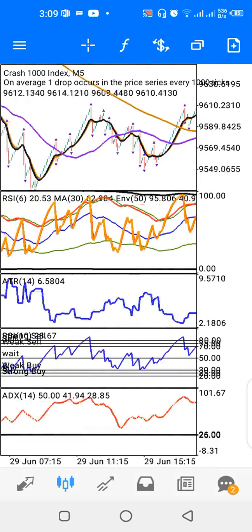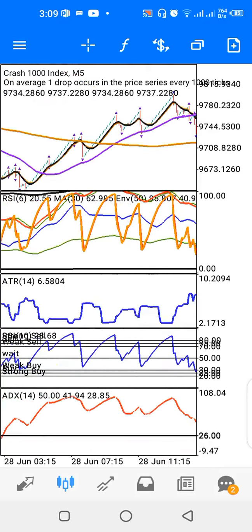Don't forget, when the two lines cross above for boom index, that's when you can buy boom index. It's safe for you to buy since you are in a bullish trend and you expect price to start to spike upwards.